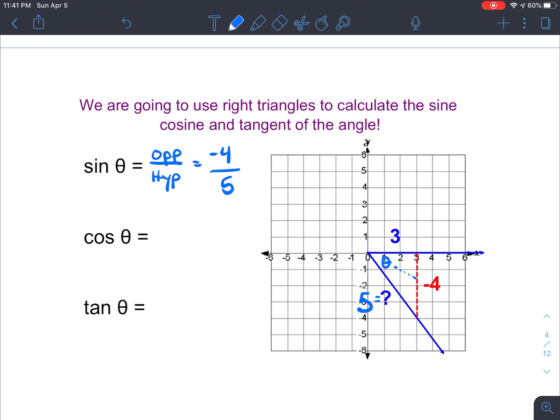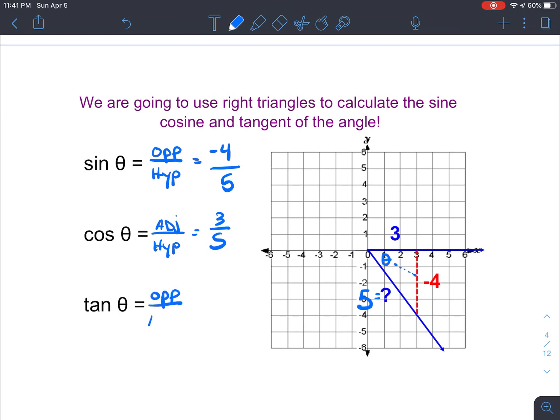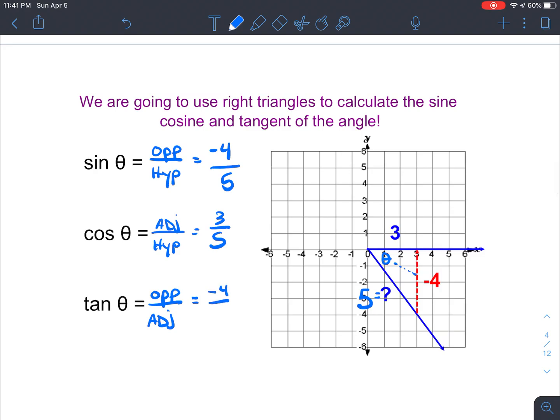Okay, notice the negative as an important value. My cosine, which is my adjacent over hypotenuse, is equal to 3 over 5. And my tangent, which is my opposite over my adjacent, is equal to negative 4 over 3.